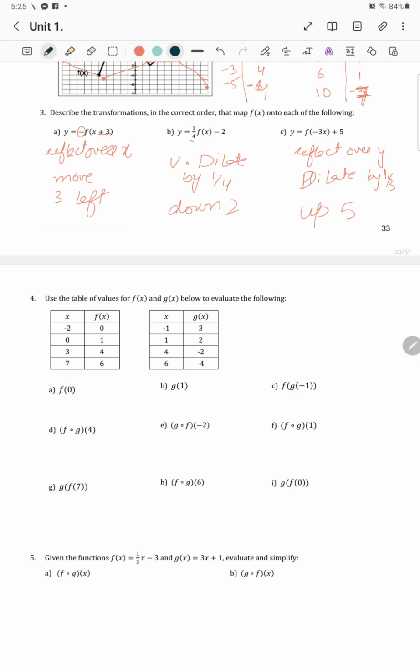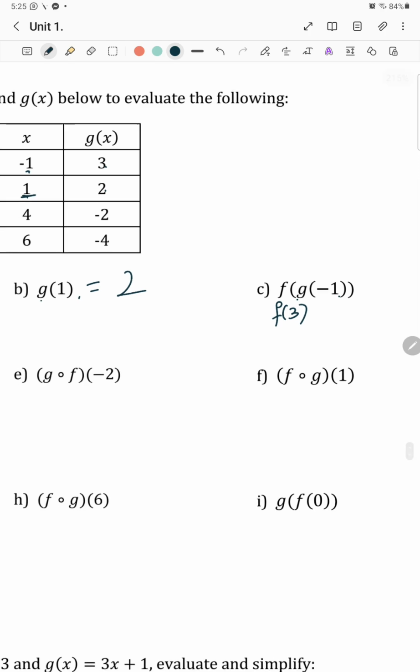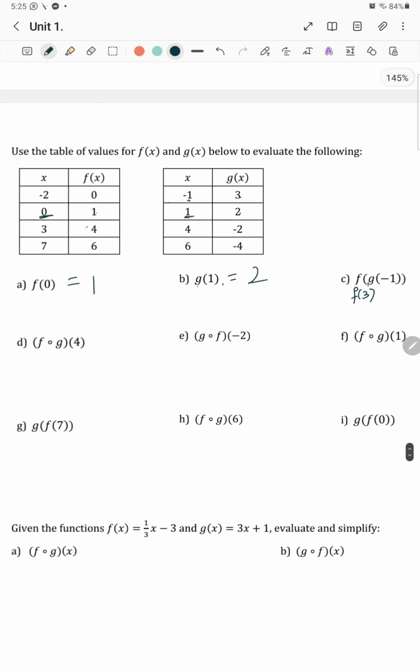Okay, so f of 0, putting x value of 0, so answer would be 1. g of 1, putting value of 1 in g, so answer would be 2. g of minus 1, putting the value minus 1, g is 3, so I will get f of 3. Now putting 3 in f, I will get 4.